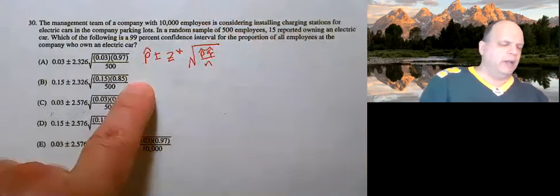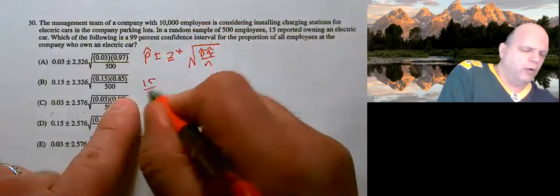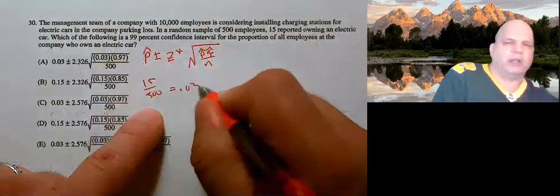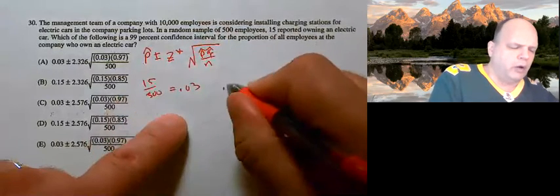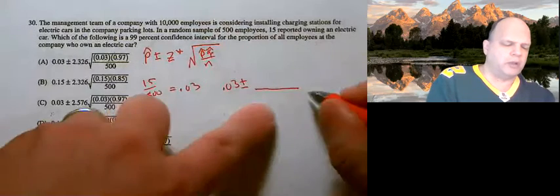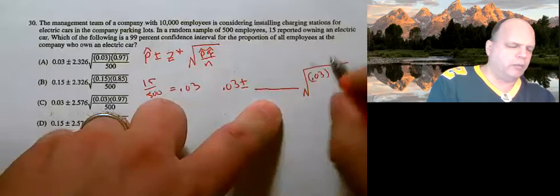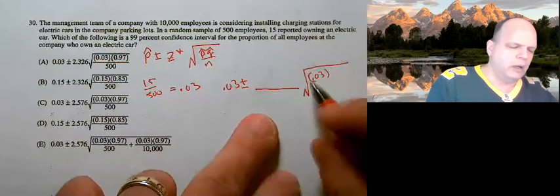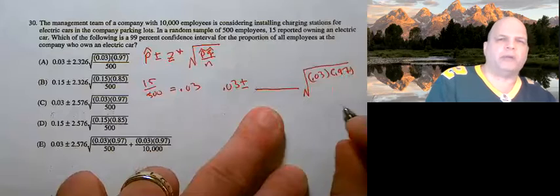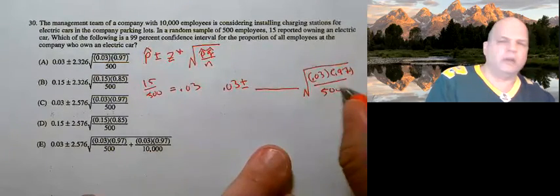So p hat is going to be 15 over 500, which is 0.03. So 0.03 plus or minus, we'll come back to z star in a moment. 0.03 times 0.97, that's the 1 minus the 0.03, over the sample size of 500.